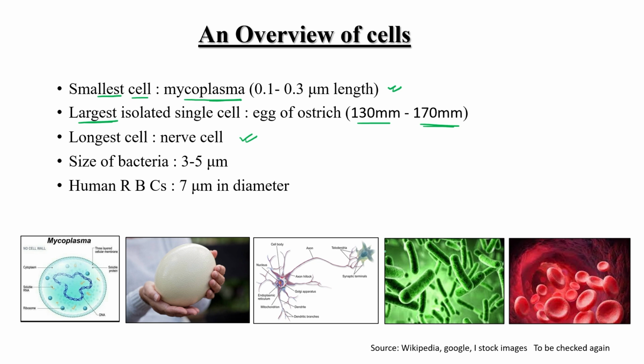It ranges between 3 to 5 micron. And what is the size of an RBC? About 7 micron in diameter. Means our human RBC is comparatively bigger than bacteria. Okay, so these are some interesting facts related to cells.